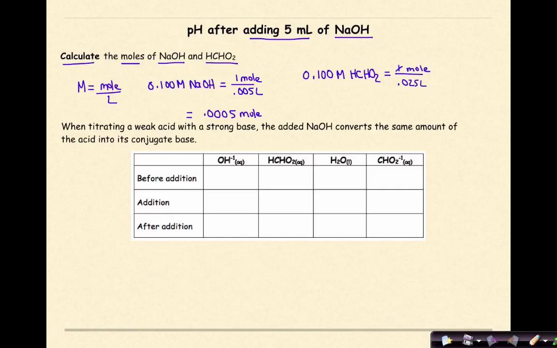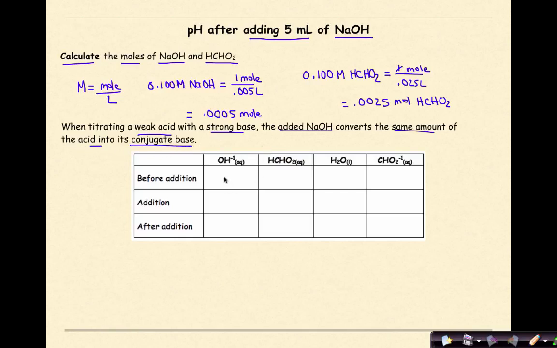And if I work that out, the number of moles that I'm starting with of my methanoic or formic acid, however you want to call it, is 0.0025 moles of HCHO2. So when titrating a weak acid with a strong base, the added sodium hydroxide converts the same amount of the acid also into its conjugate base.